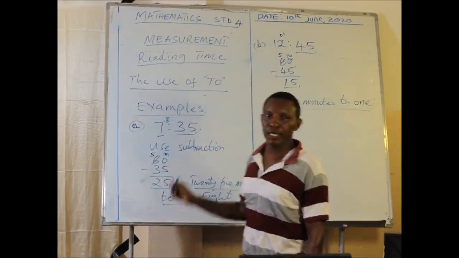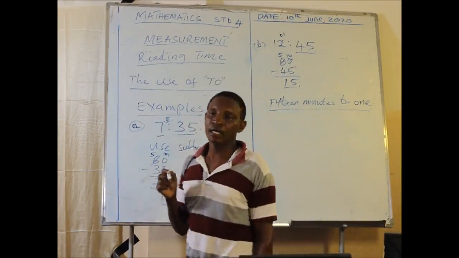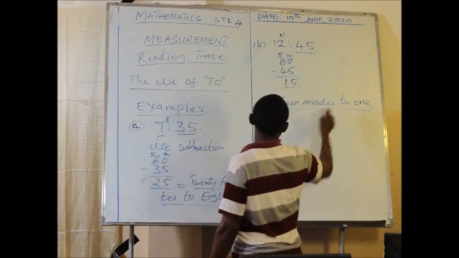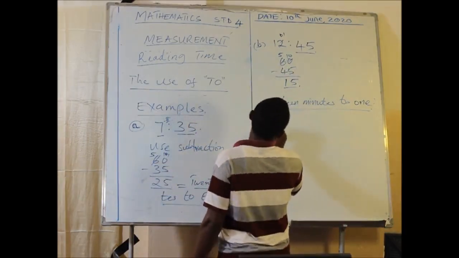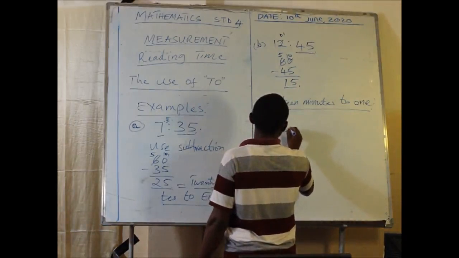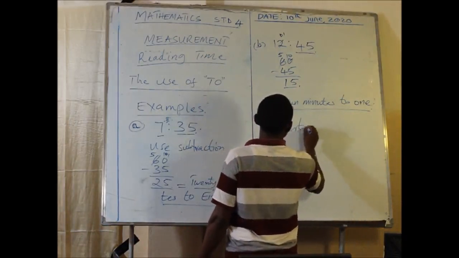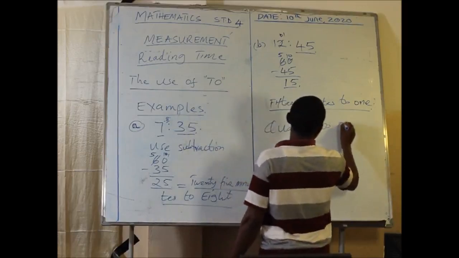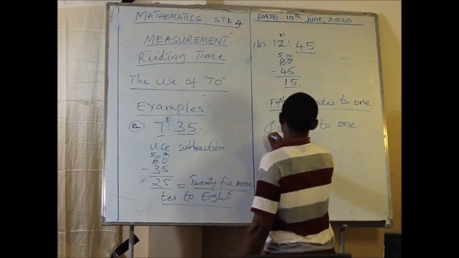That means 15 minutes is a quarter of an hour. So you can say quarter to 1, which is also correct.